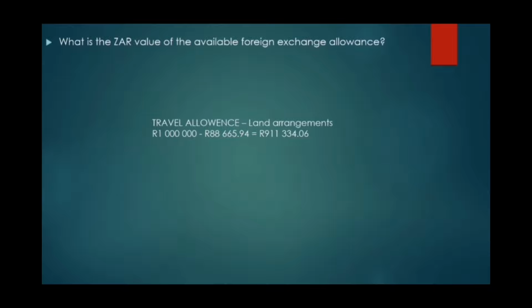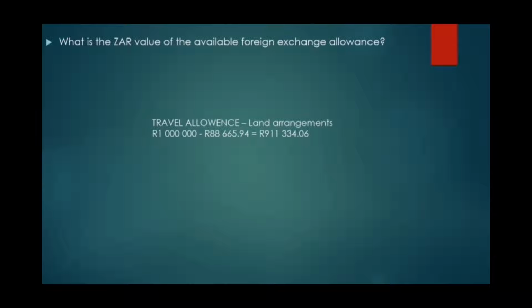Then calculate how much he has left now. But in this case, since they didn't tell us Mr. Zwane traveled before or what Mr. Zwane's travel allowance is, we are going to assume that he didn't travel before, and therefore he still has the full 1 million rand discretionary allowance to work with.